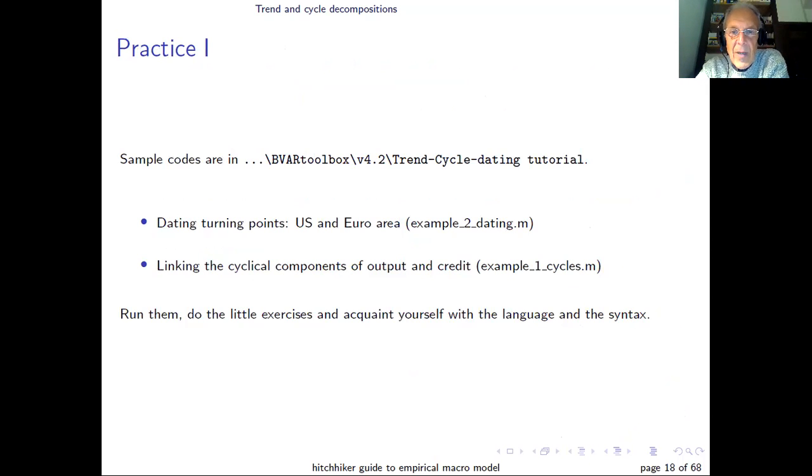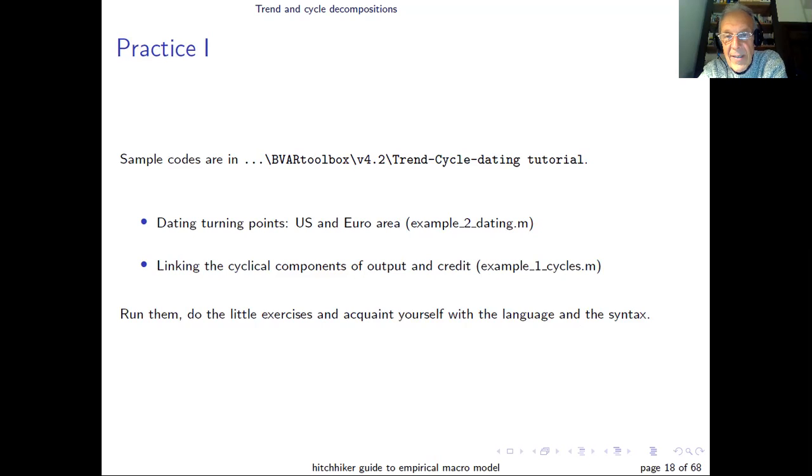So in terms of practice, there are two examples that you can take a look at. They are in the tutorial, in the folder called Trend and Cycle Dating Tutorial. The first example dates turning points on a bunch of Euro area and US variables, and aggregates the turning points using a simple counting measure.